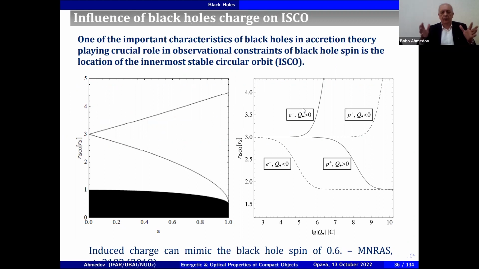So if the spin of the central black hole is equal to 0.6, we can't say if it is due to the rotation of the black hole or to the big magnetic field which exists there.